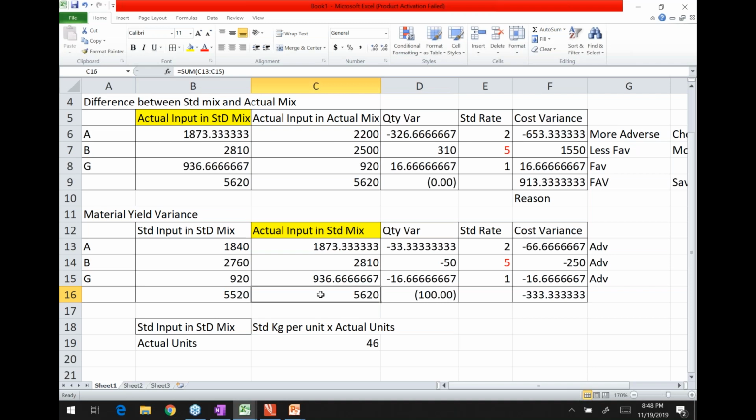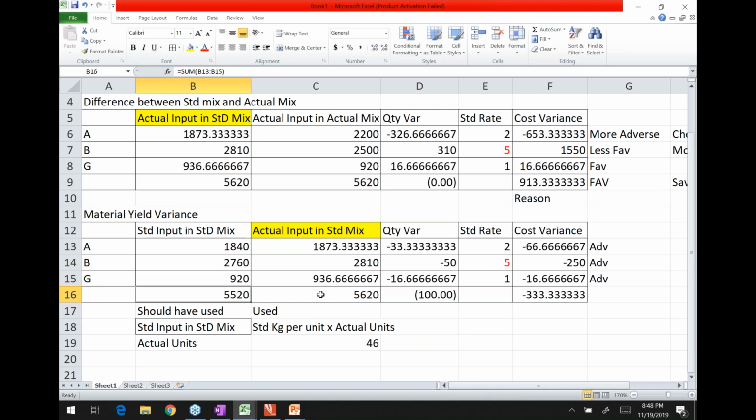Actual input that we have used is 5620, and what we should have used is 5520. So compare. What you have used is 5620 for producing the units, and what you should have used is 5520. Now can you compare and tell me, did we use more or less?